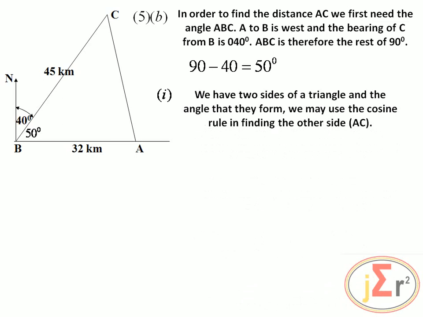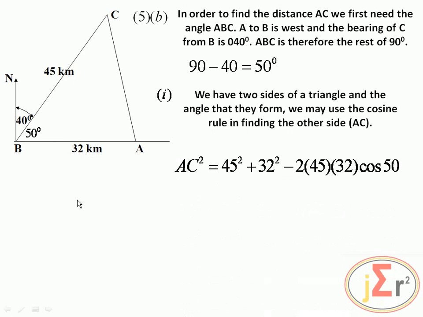We have two sides of a triangle and the angle that they form. We may use the cosine rule in finding the other side, which is AC. Now, as we said before, we are using that version of the cosine rule in order to determine the side that is opposite to the angle. So here we have it.